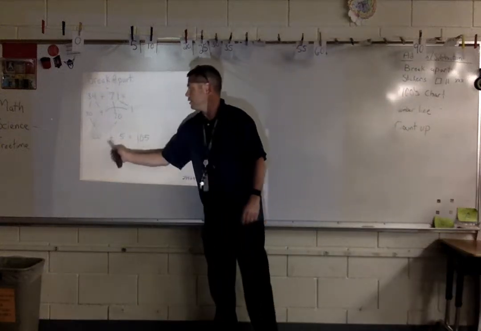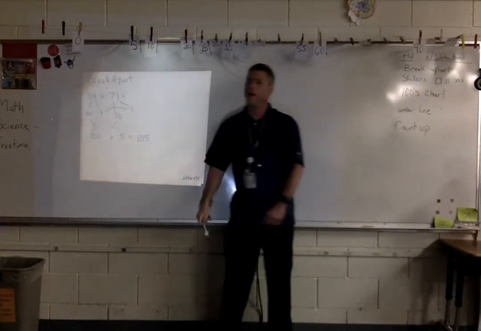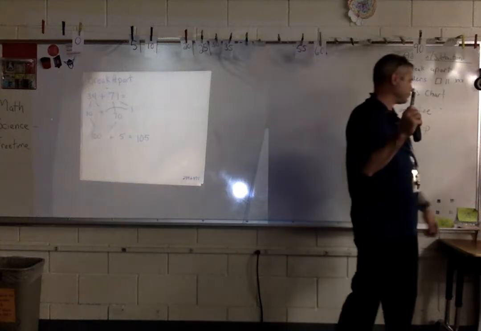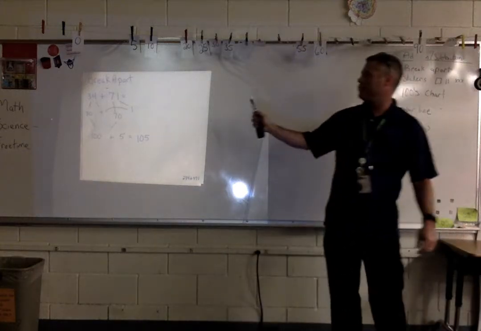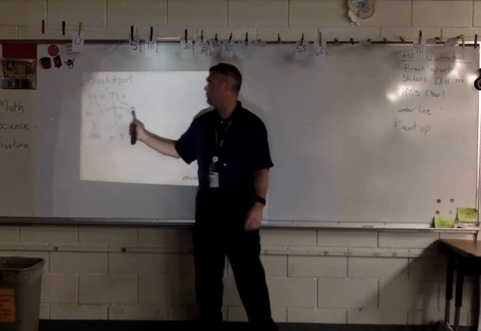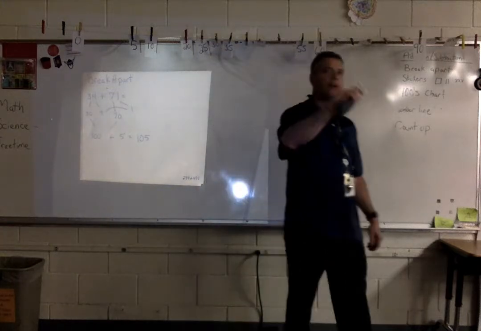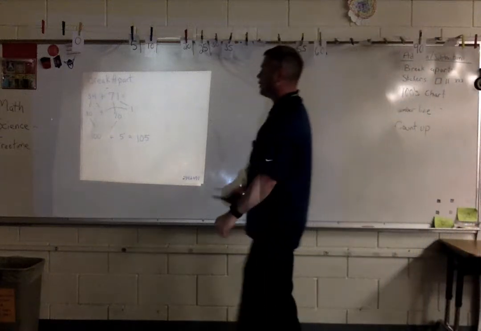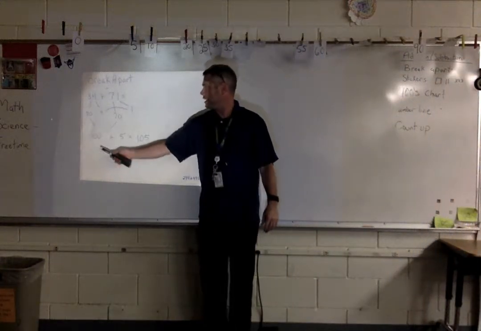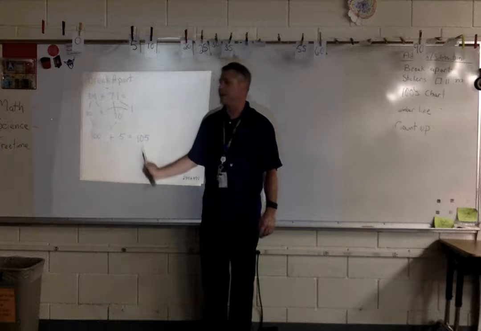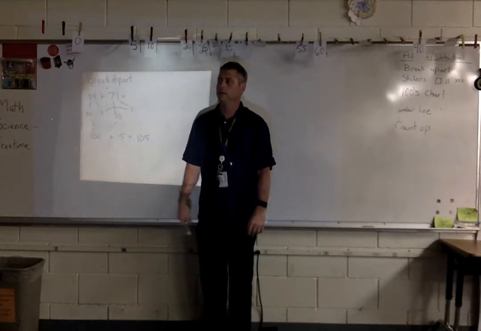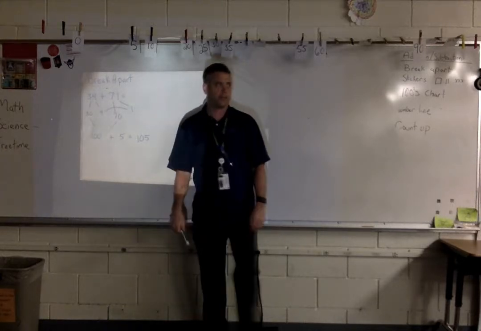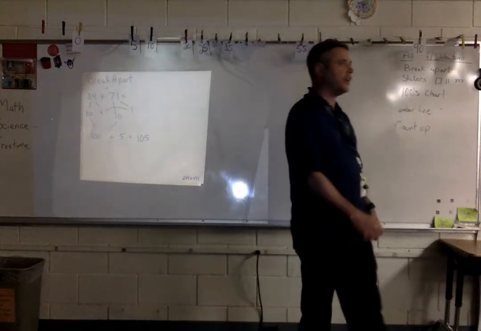It equals 100. You agree with me? Awesome. And then what does 4 plus 1 equal? Sarah? 5. Awesome. And we just add them together, right? 100 plus 5 equals? Lily? 105.